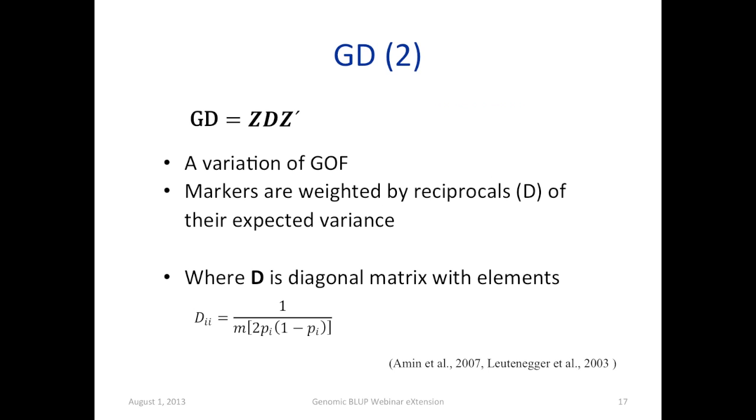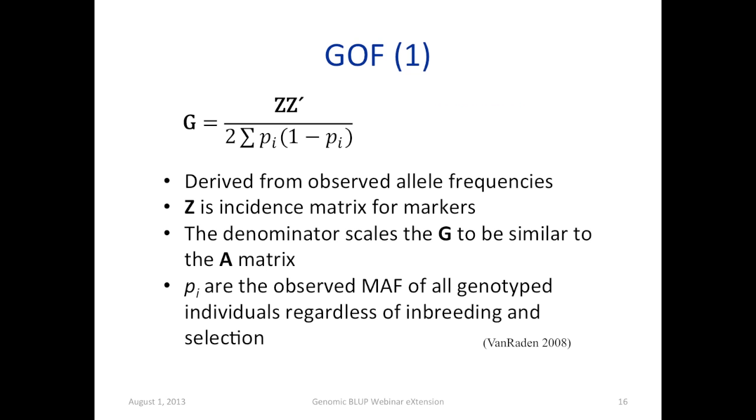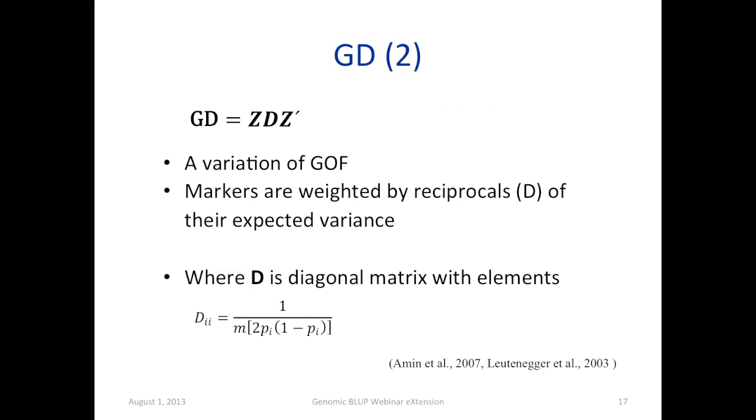Another way of calculating genomic relationships is the GD matrix. This is basically a variation of the previous matrix. The difference is in weighting the ZZ prime matrix. So instead of using a different denominator, we are using reciprocals of the markers' expected variances.